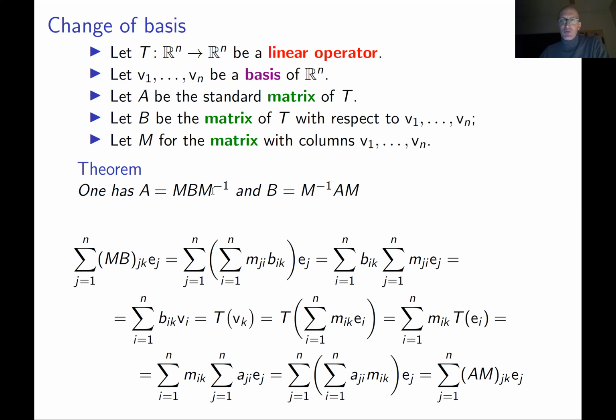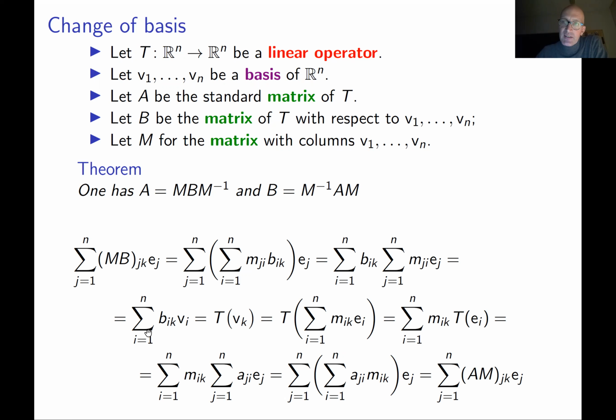Okay, this looks a bit scary, but let me explain what you do. You take some vector vk, and you apply the linear operator T to this vector vk, and you can proceed in two different ways. First, by our definition, T of vk is just this expression.